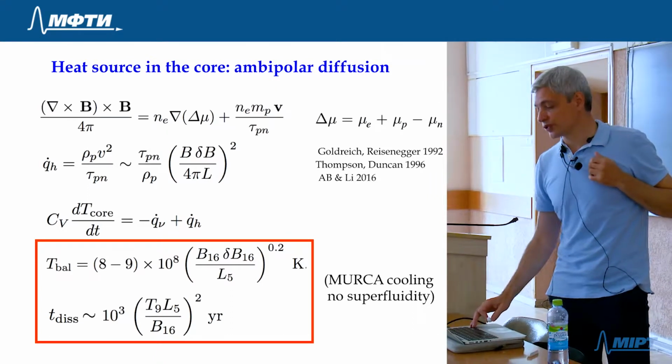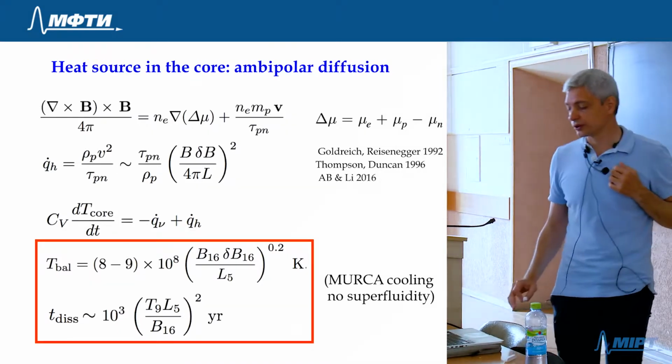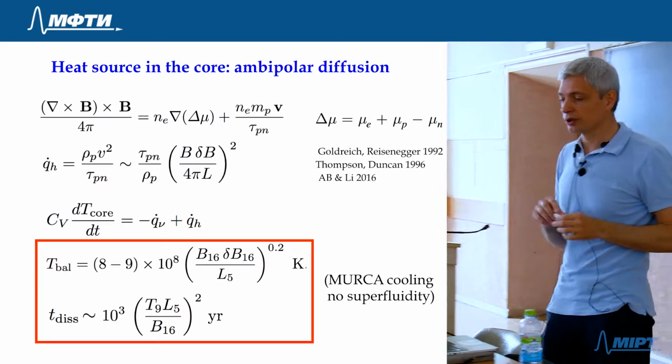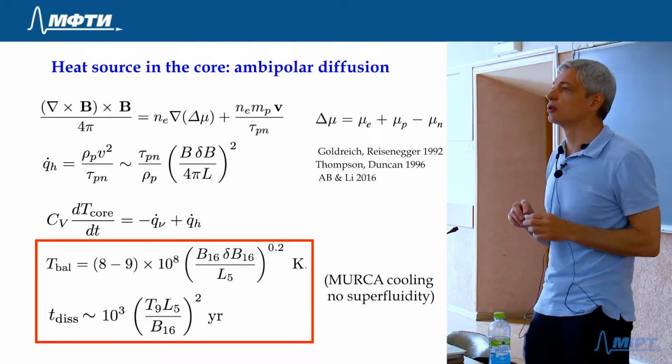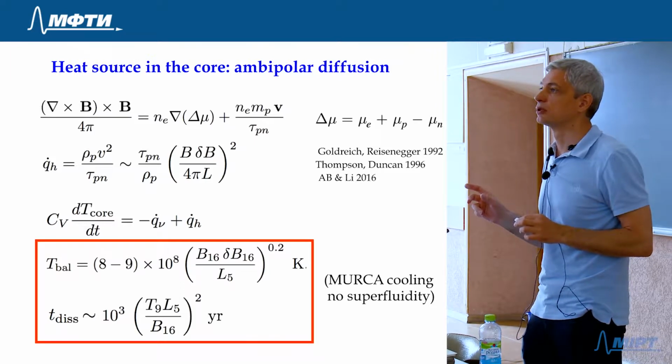The only problem is that when you calculate the time over which you have this balance, especially if you make a more detailed calculation, this time is not very long. It's actually typically shorter than 1 kiloyear.